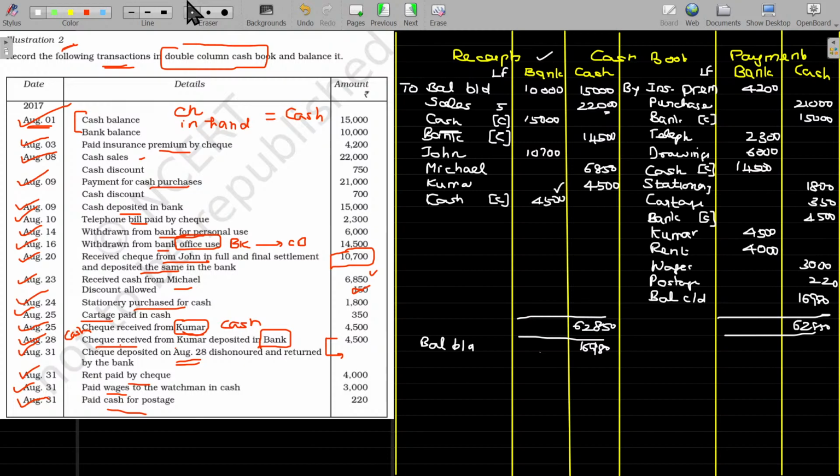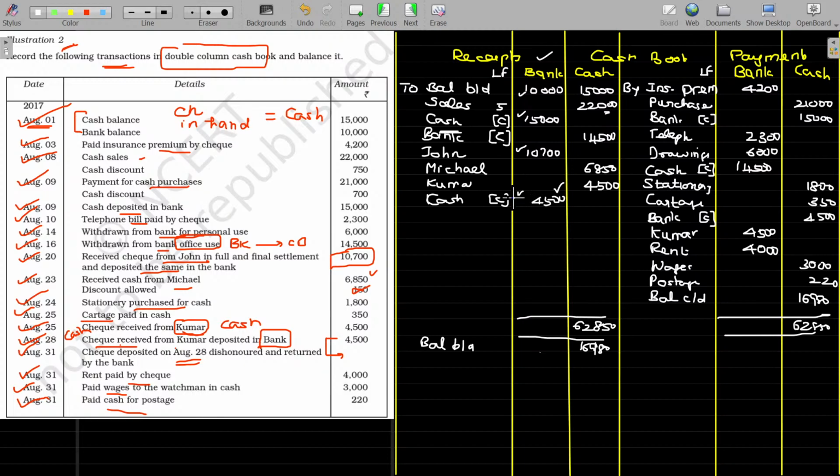The bank shows, is it tallying? Now, the bank balance. Which side?